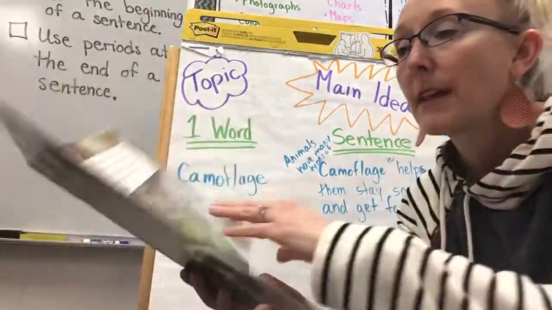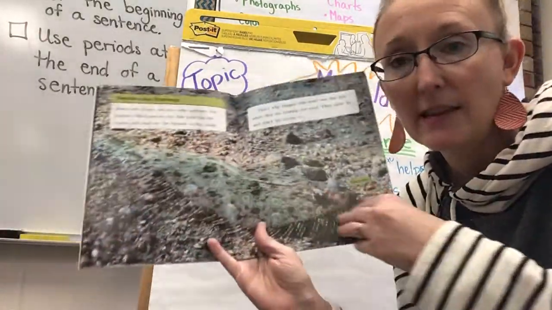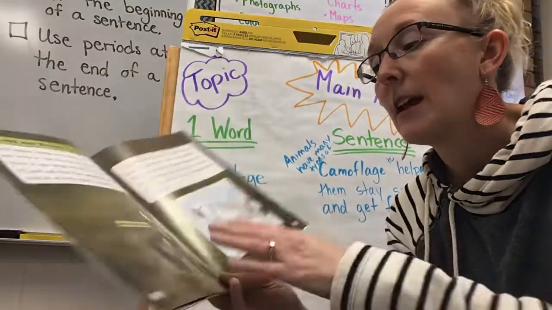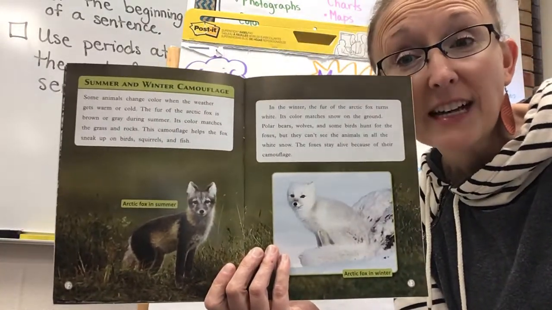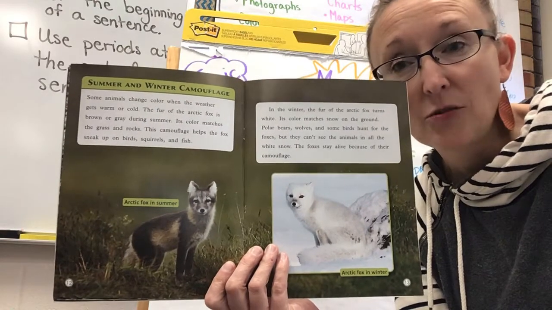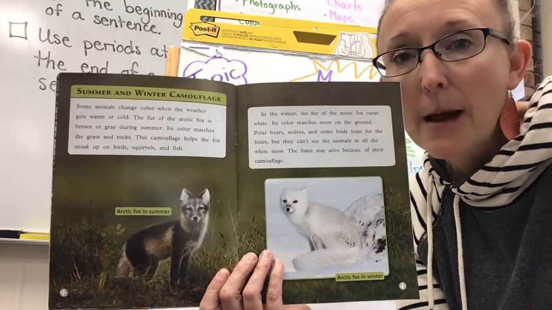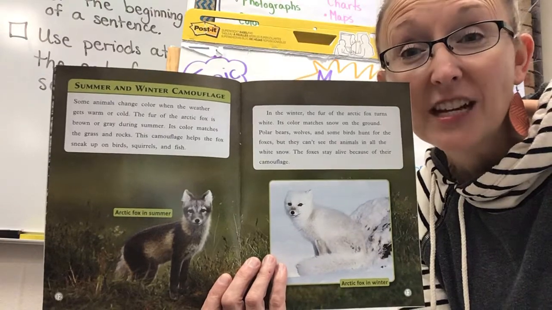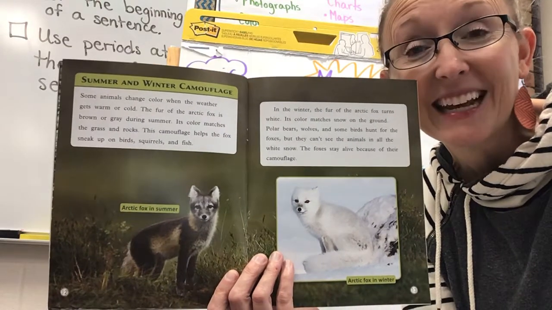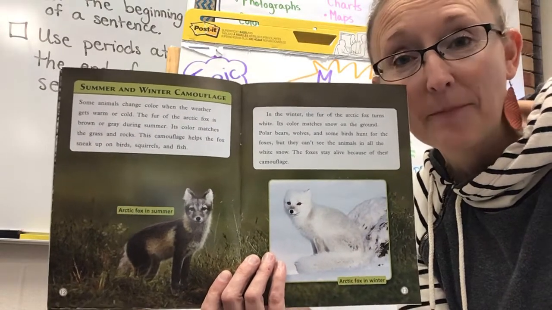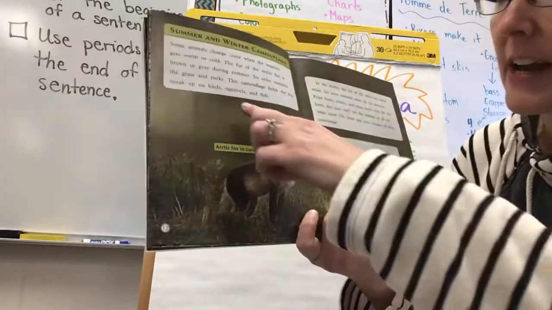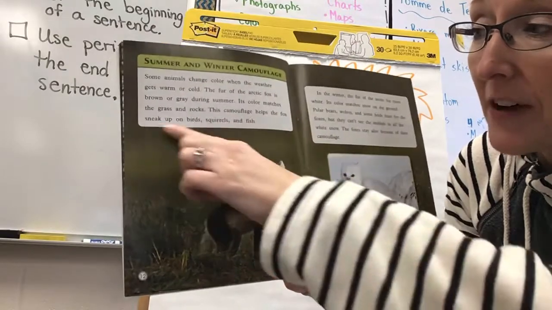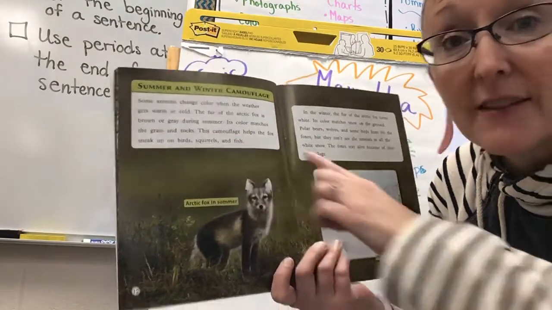All right? Let's see. This next page is a lot like the octopus, so I skipped it. But this one was interesting because the Arctic fox does not change to avoid being eaten. I mean, he might, but more so, he changes colors so that the things he wants to catch can't see him. He wants to blend in so he can sneak up on, it even says it right here, this camouflage helps the fox sneak up on birds, squirrels, and fish.